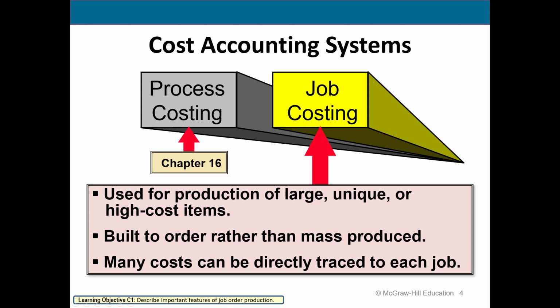But process costing is looking at mass production in a continuous flow. So unlike job order production, where every product is different depending on the customer's needs, process operations are designed to mass produce large quantities of identical products.